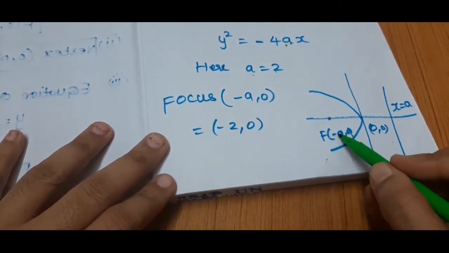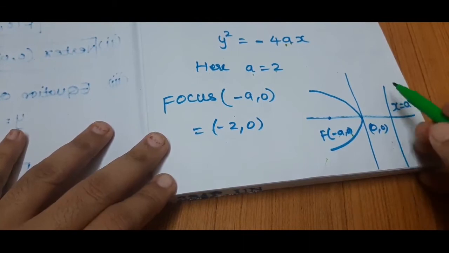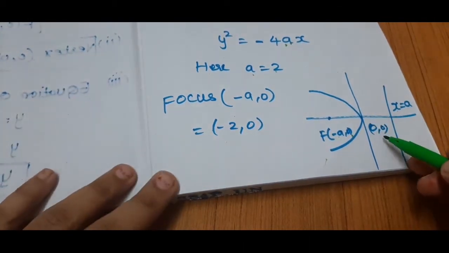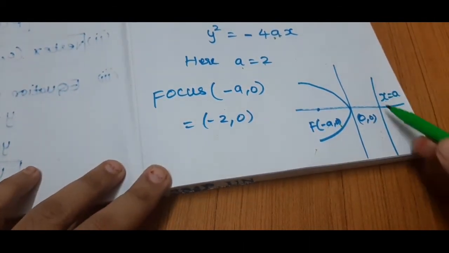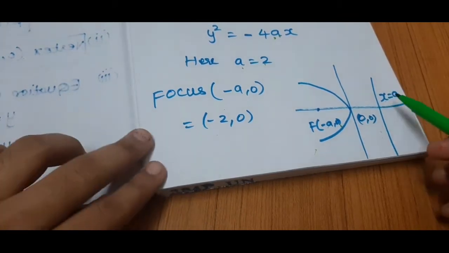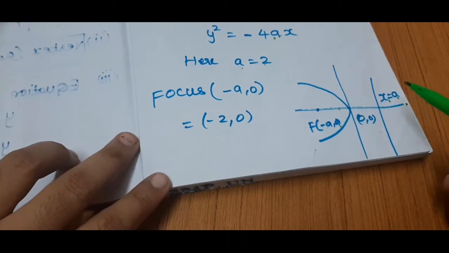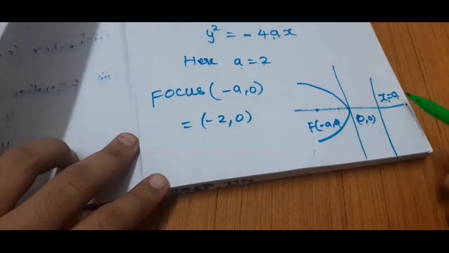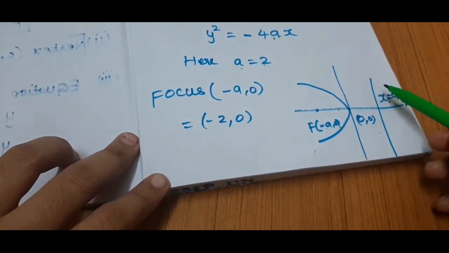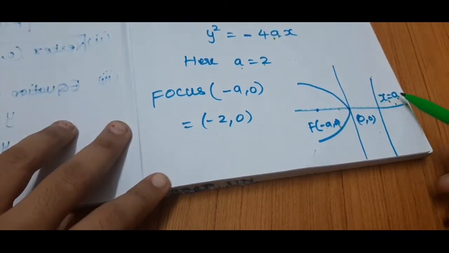Then the vertex will be 0, 0. And the equation of the directrix will be x is equal to a. Equation of the directrix will always be opposite to the curve.